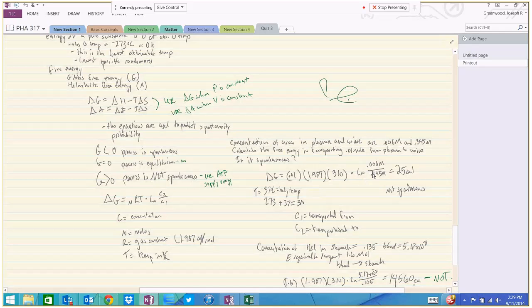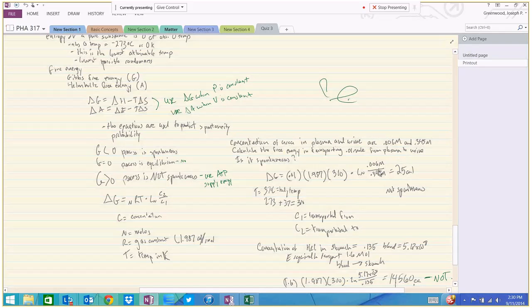In your equation, it would be the natural log of 0.006, which is given right here, over the natural log of 0.345, which is given right here. So the concentration is 0.006 for urea, which is where it's coming from.